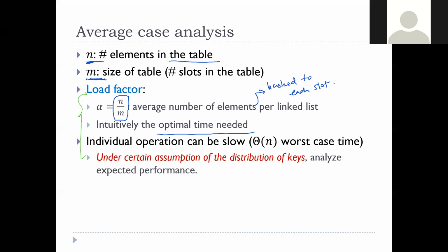Because if one slot is unbalanced and has too many, then when you search or delete in that list, you're going to have a bad time complexity. This number we give a name: it's called the load factor. In some sense, the load factor is the optimal time you would need to perform your dictionary operations.